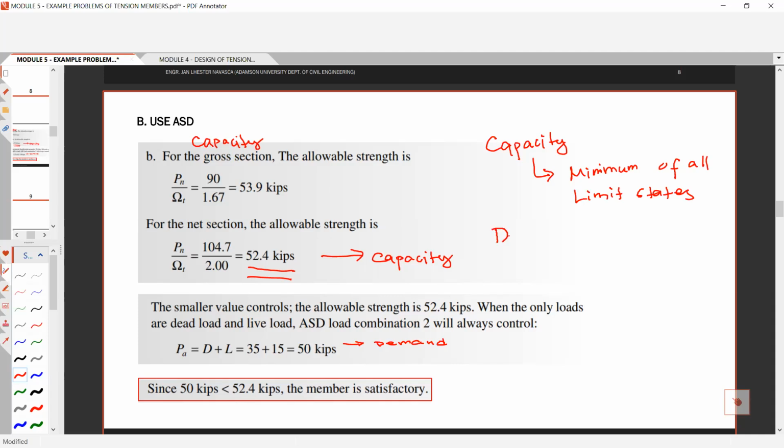If you are solving for the demand load, you will choose the maximum of all load combinations. Okay ba tayo dyan? If you are dealing with capacity, just choose the minimum of all limit states. And if you are dealing with the demand load, you choose the maximum of all load combinations. Okay?